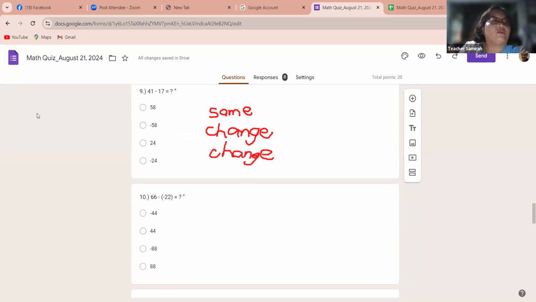Again, remember the rule, which is same, change, change. What is the first integer? Sandara, what is the first integer?